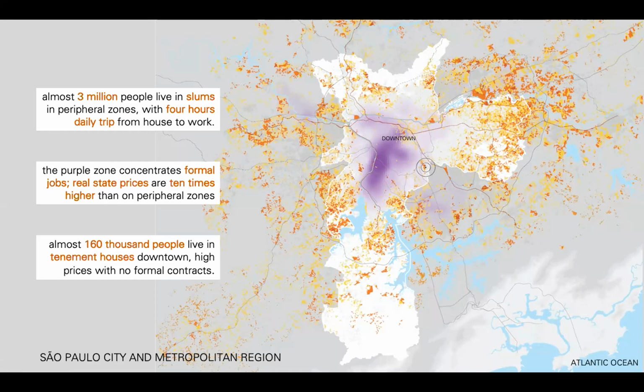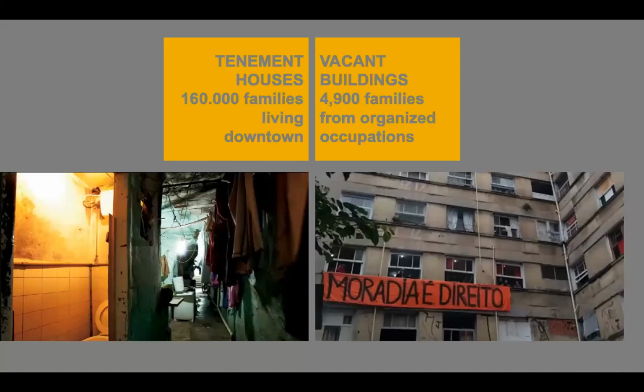The purple zone here on the map concentrates formal jobs, but in this region the real estate prices are 10 times higher than in peripheral zones. Nevertheless, people keep living in these areas because they work there and want to live there, but they live in very bad conditions.